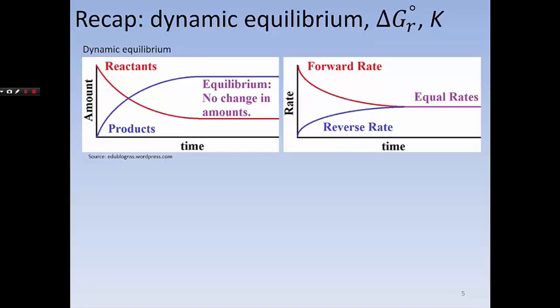Although the concentrations remain constant, both the forward and reverse reactions are still proceeding. As the concentrations of reactants and products remain the same, the forward and reverse reactions must occur at the same rate, as shown here. Chemical equilibrium is therefore stable and dynamic in nature.